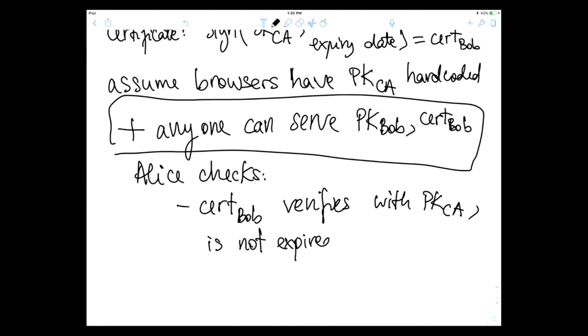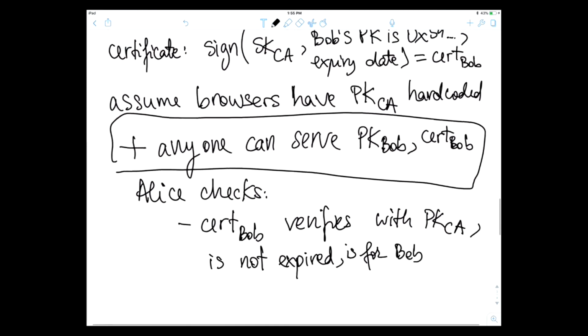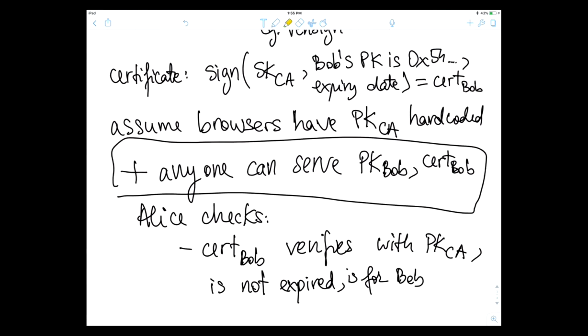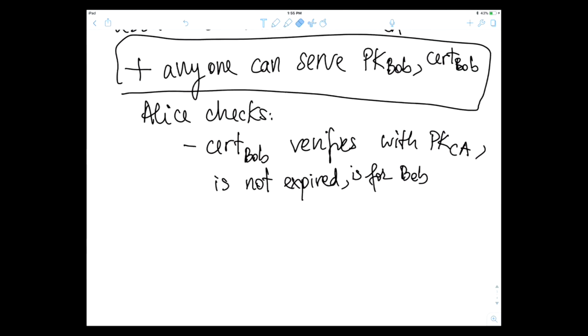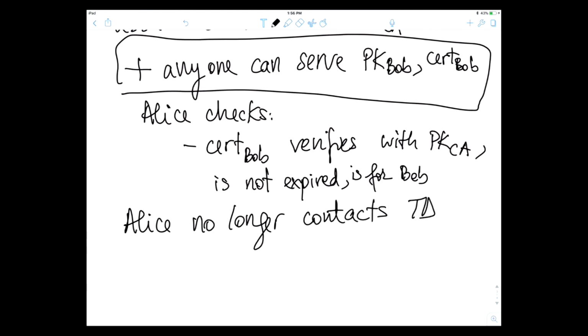We're not using nonces here, but expiration times. And also, it's for Bob, namely, it says that it's Bob's public key. Okay, but the difference is that anyone can serve it. So Alice no longer needs to go to the TD to fetch the public key of Bob.